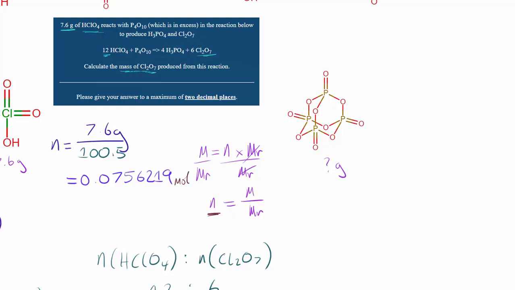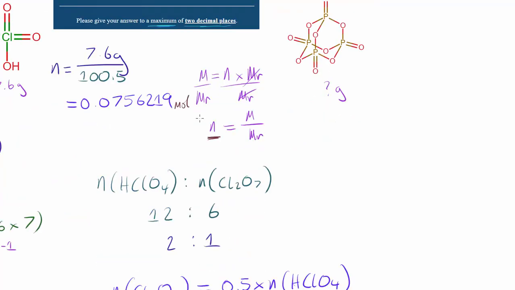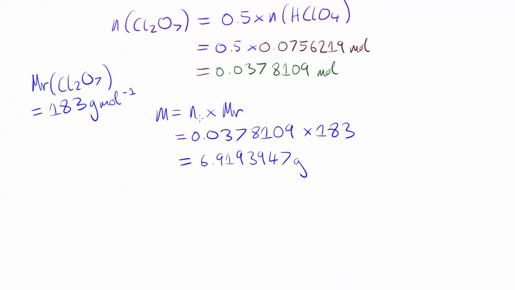As I said, referring back to the question, you can see that it specifies give your answer to a maximum of 2 decimal places, right? Now, our answer for the mass has quite a number of decimal places, approximately 7, but it says a maximum of 2, so we're going to need to do some rounding.